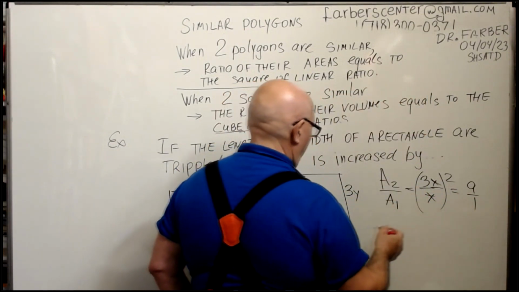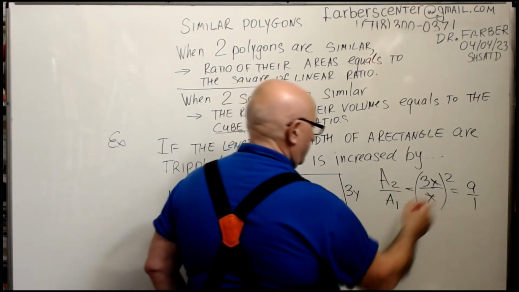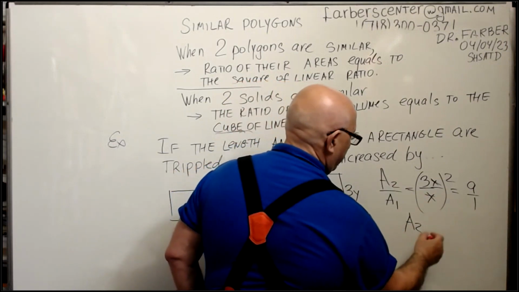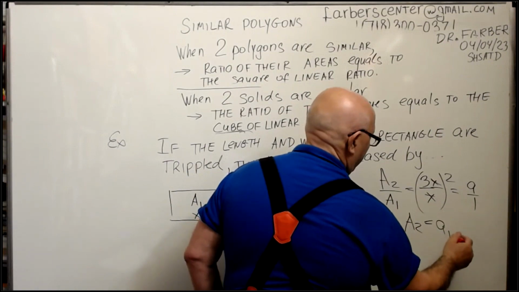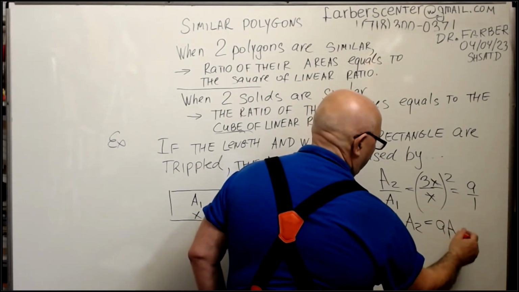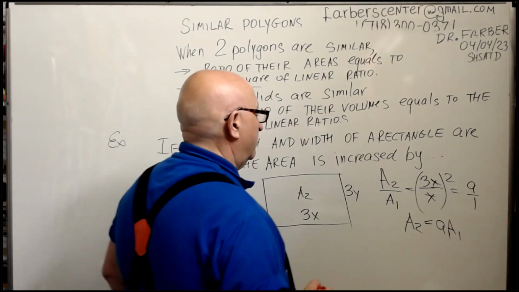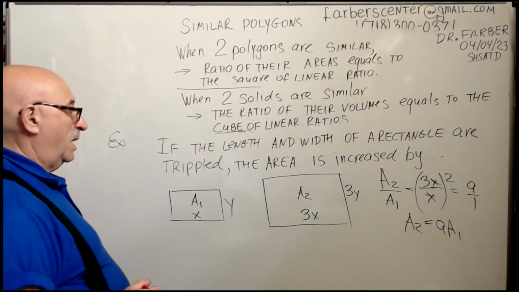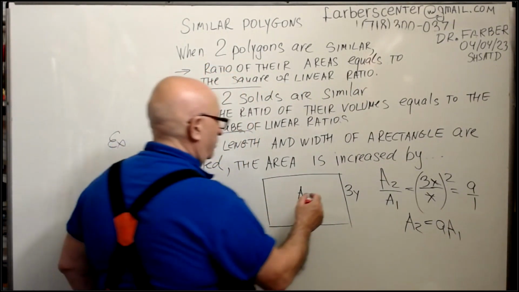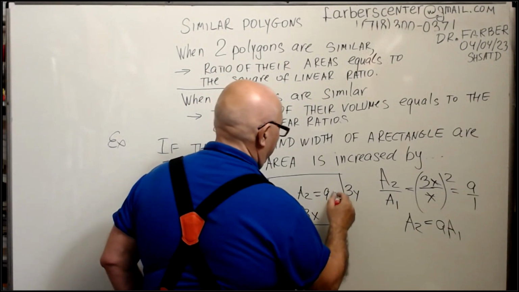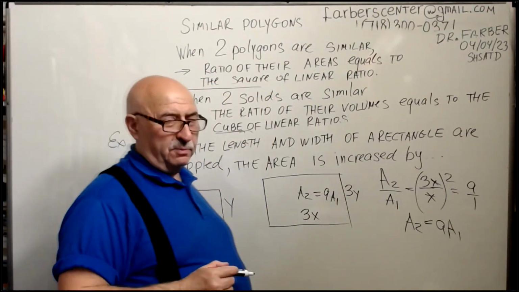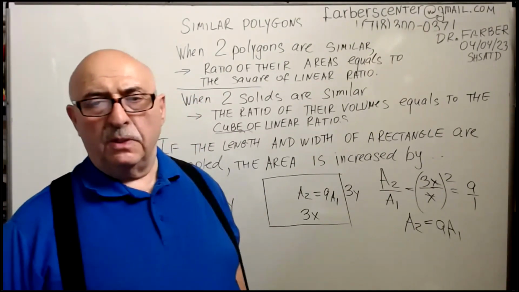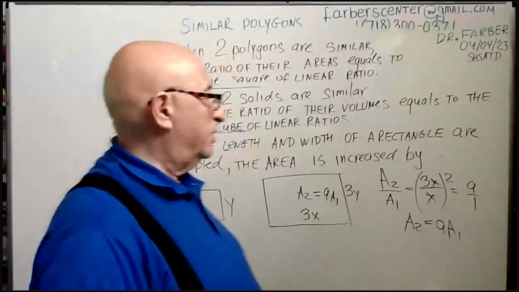What does it mean? That area 2 equals 9 area 1. Did I answer the question? No. I just found that this equals 9 area 1. Now, remember, we covered percentages in chapters 5 and 6. How to find percent of increase?